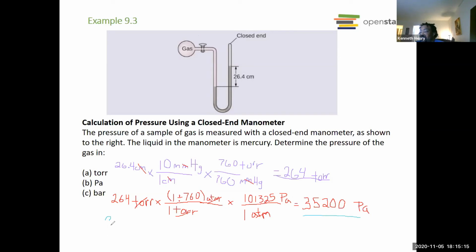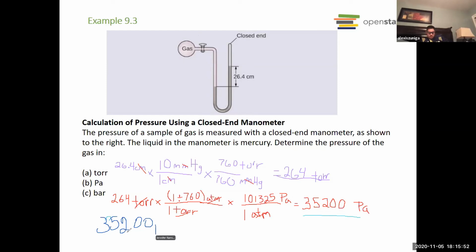So we have 35,200 pascals. So how many pascals equal a bar?